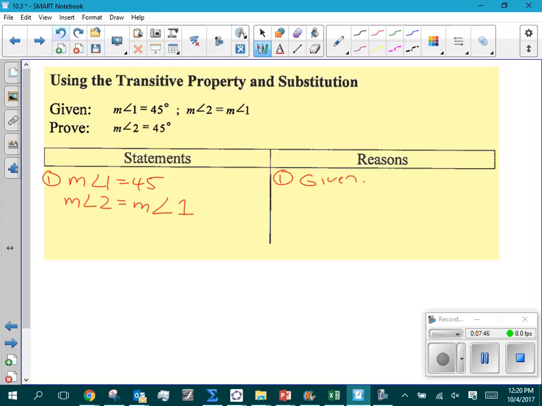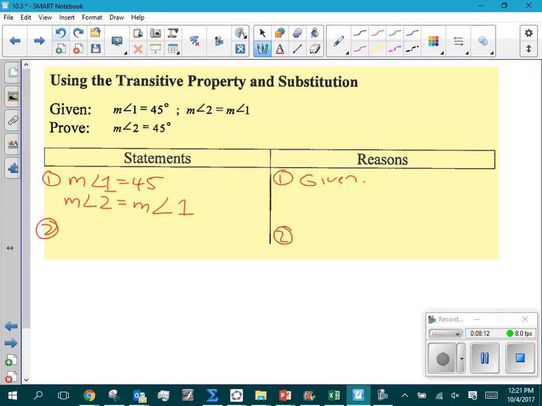What we're saying here is if angle 1 is equal to 45 degrees and measure of angle 2 equals measure of angle 1, what we can end up doing here, okay, is using a very prevalent, very useful property that wherever I see angle 1, what can I replace it with?